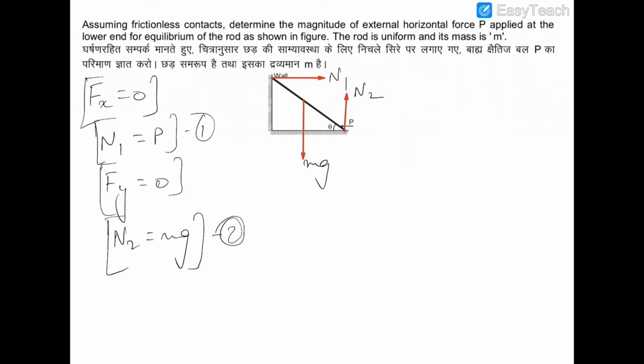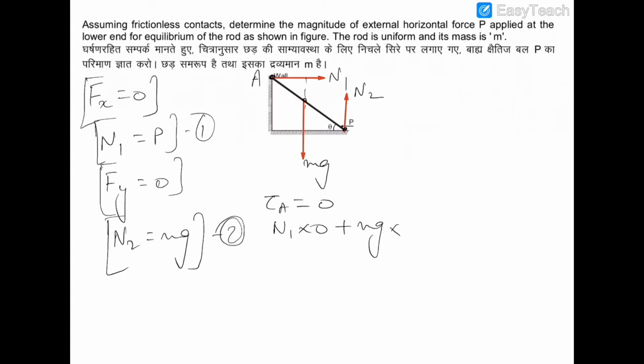Now the third equation can be obtained by writing the equation of the torque. We can write the equation of the torque about any point, because the rod is not rotating about any point, so we can balance the torque about any point. So let us balance the torque about point A. The torque of N1 would be 0, because N1 is passing through point A, plus the torque of mg would be mg into this distance.